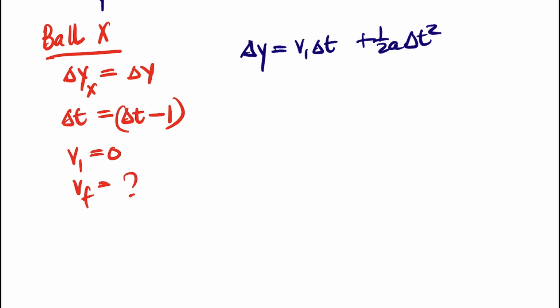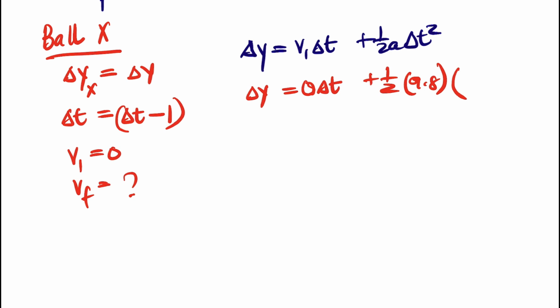So the displacement for ball x is change in y equal to the initial velocity. It's 0, 0 times change in t plus the acceleration is positive 9.8. Guys, they can never have different directions of acceleration.